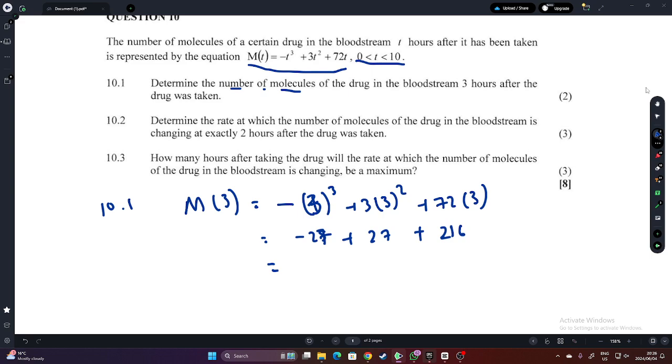And this would give us a final answer of 216 molecules.